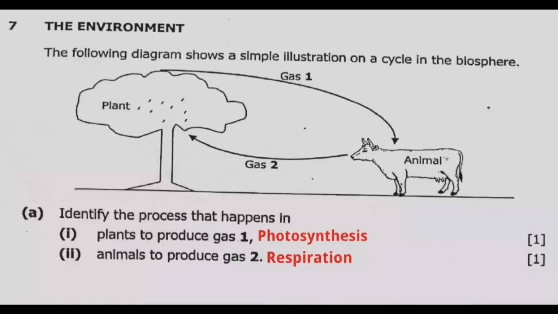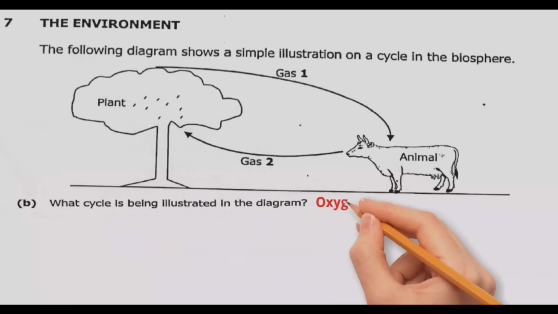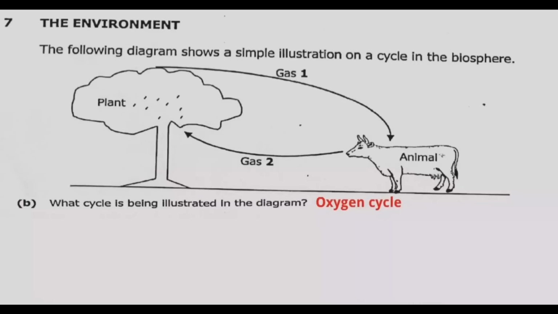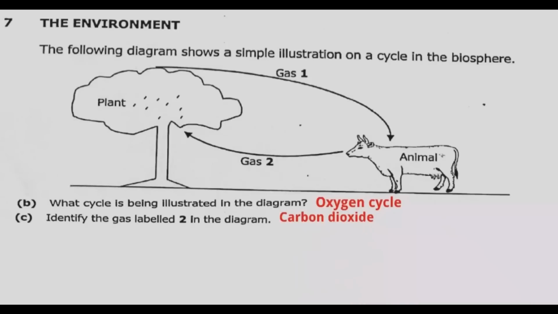Okay, we go to the next question. Which cycle is being illustrated in the diagram, that is oxygen cycle. Okay, we go to question number 7c, which is identify the gas labeled 2 in the diagram, that is carbon dioxide. The gas 2 is carbon dioxide.